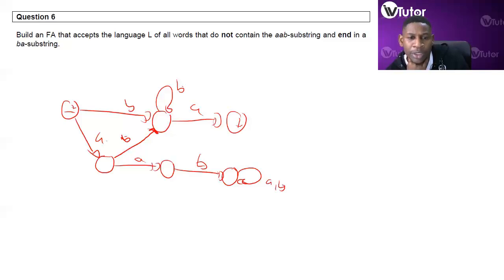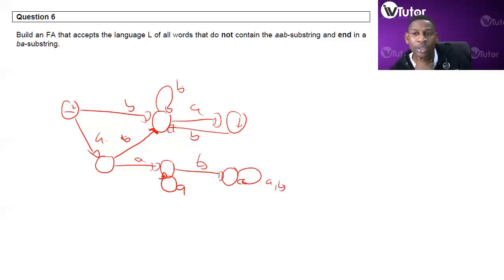Then if you have a B, go there. If you have an A at this point, you'll be having an AAB, so stay here. And then after you have a BA, if you have a B, go back. But if you continue with an A, this A or BA is fine. This BA is fine, so we need to end with the BA substring always.